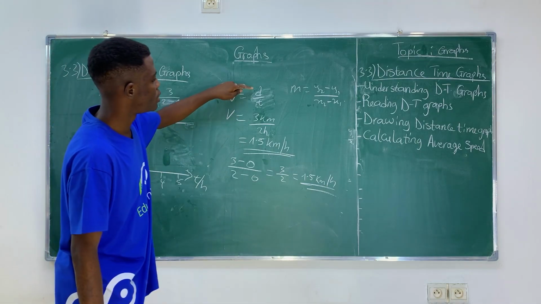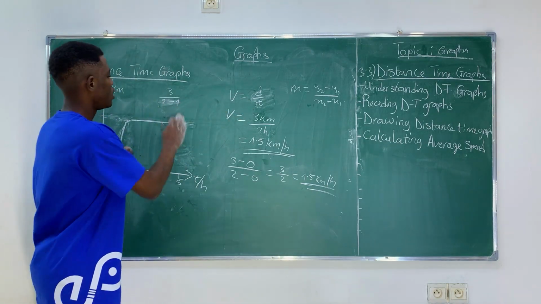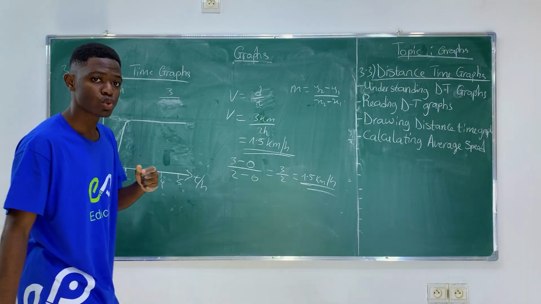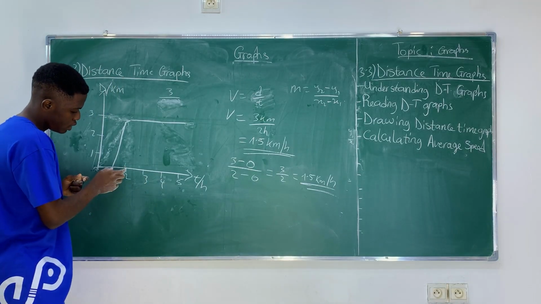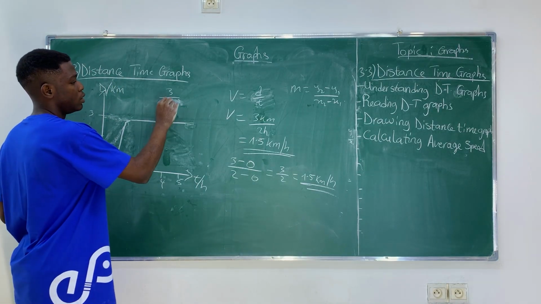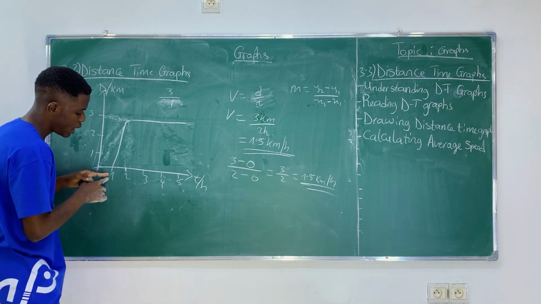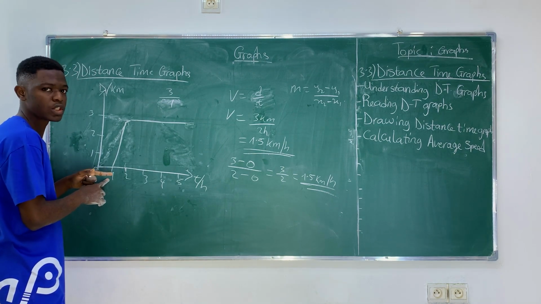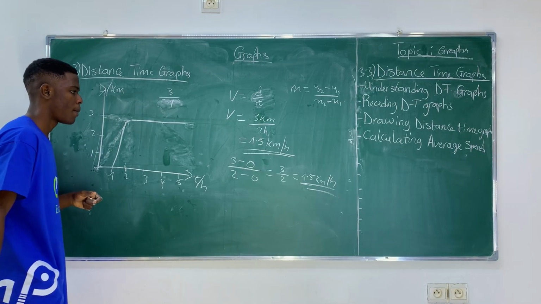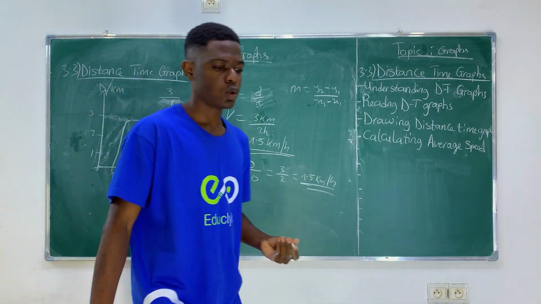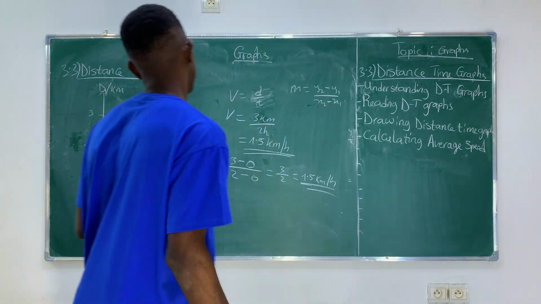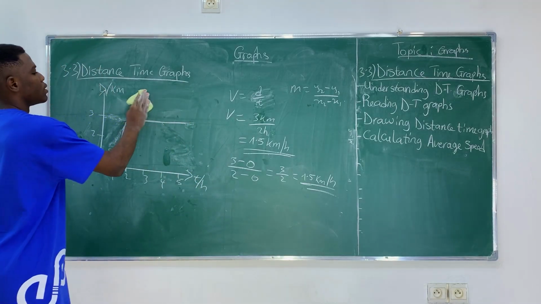You see, you just do d on t, you're not going to have the minus. You are supposed to then know that he moved for 1 hour, because he started moving at hour 1 and stopped at hour 2. So that is it.